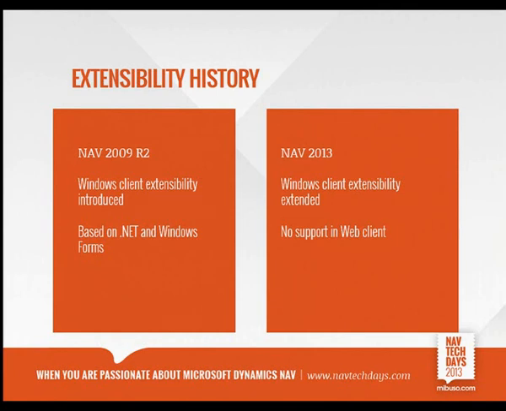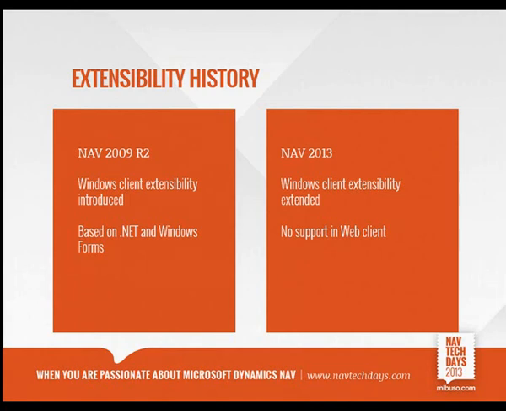Later on in 2013, we enhanced this framework, but there was still no support for the web client. And why is that? Because it was difficult to make Windows Forms controls run out of the box in a browser over the internet.